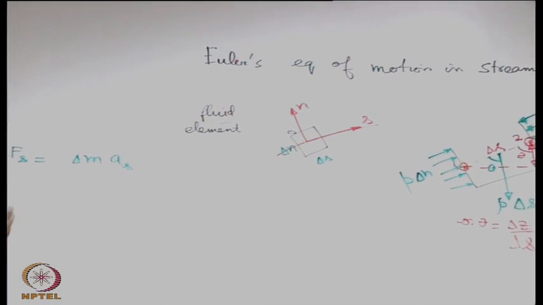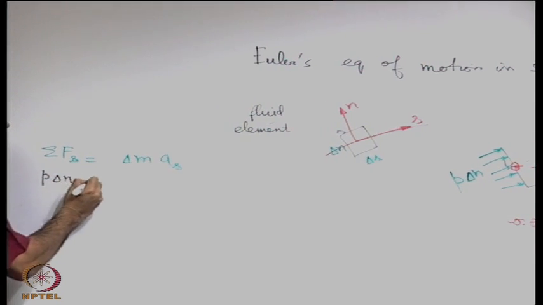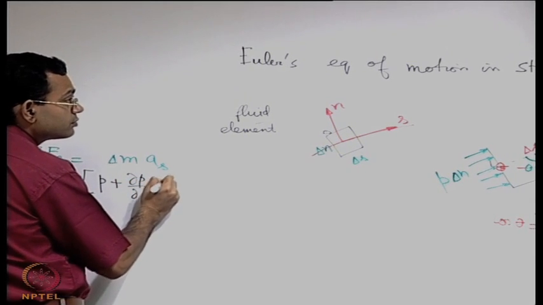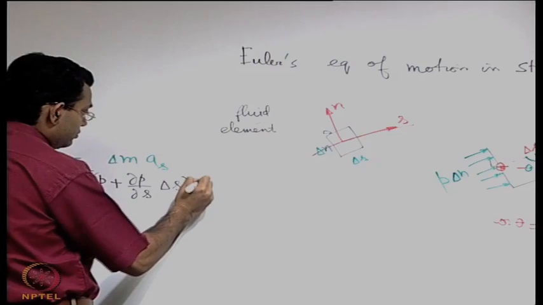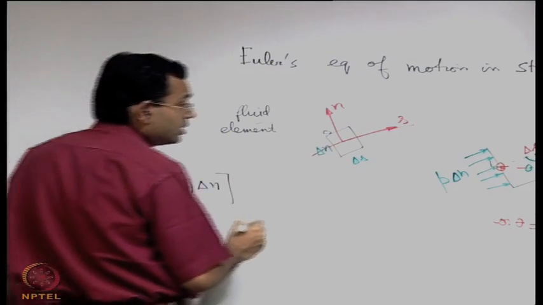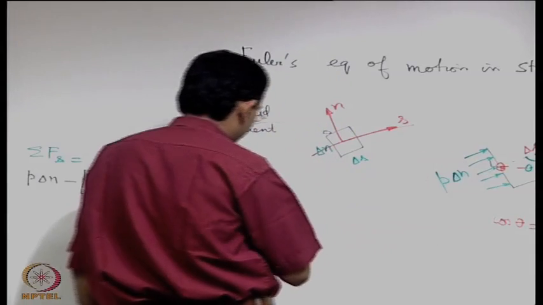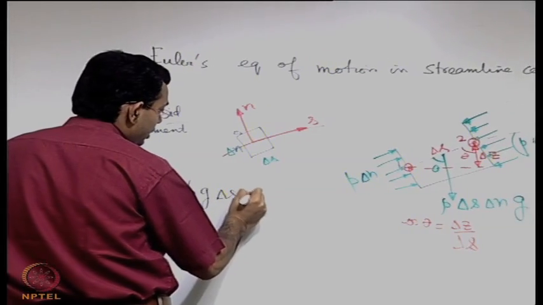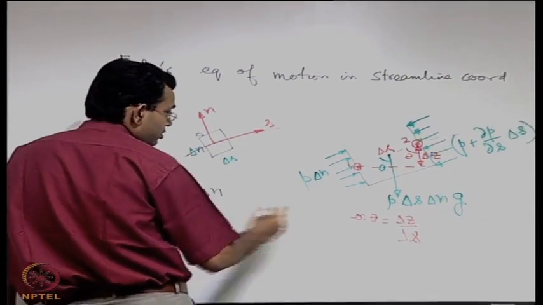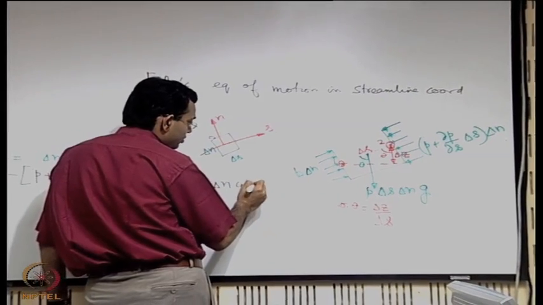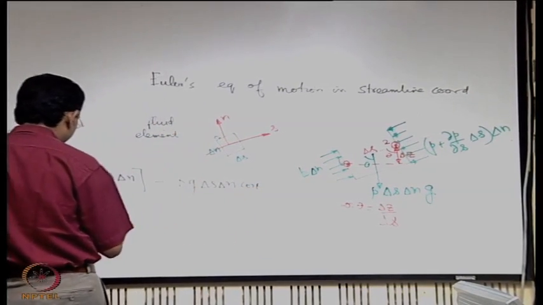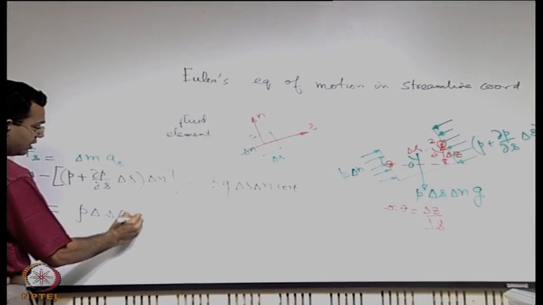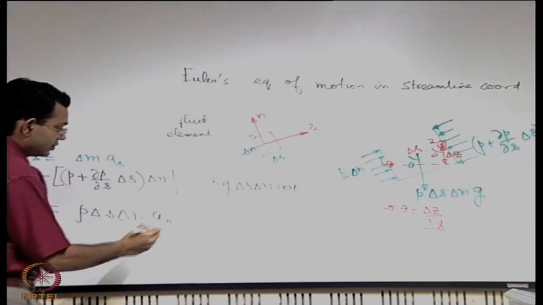So you can write P into delta n minus the other term, then the weight component should have minus rho g delta s delta n into cos of the angle theta is equal to rho delta s delta n into the acceleration along s.